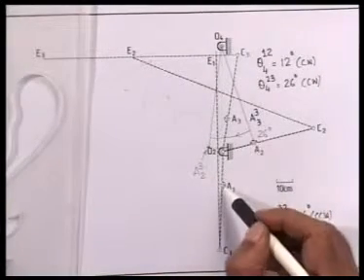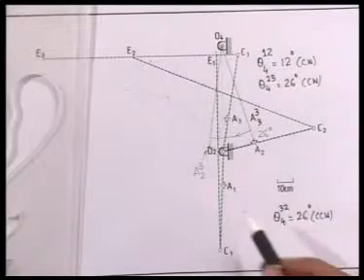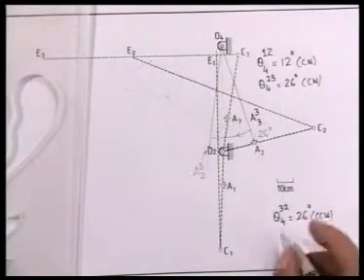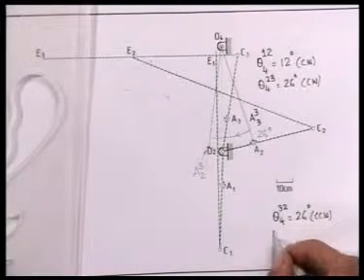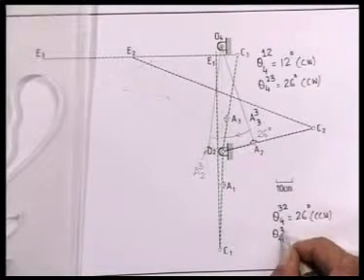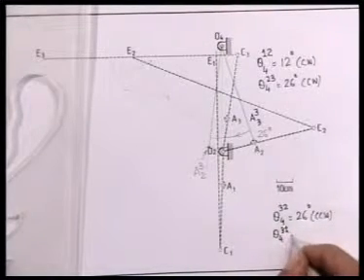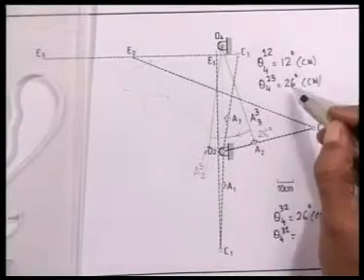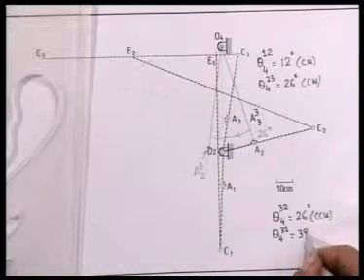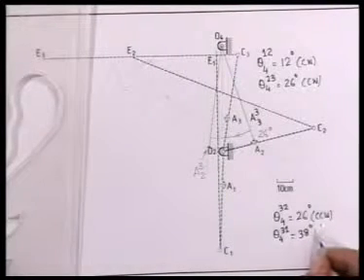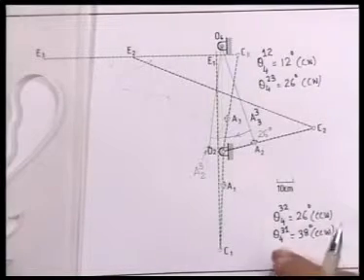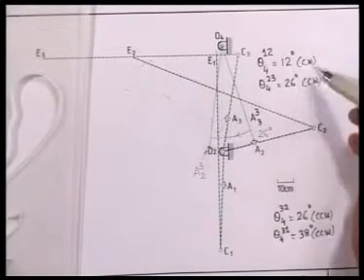Now A1 is here. Where is A13? Now theta 431 is equal to 26 degree plus 12 degree, that is 38 degree in the counterclockwise direction, because theta 413 is 38 degree clockwise.